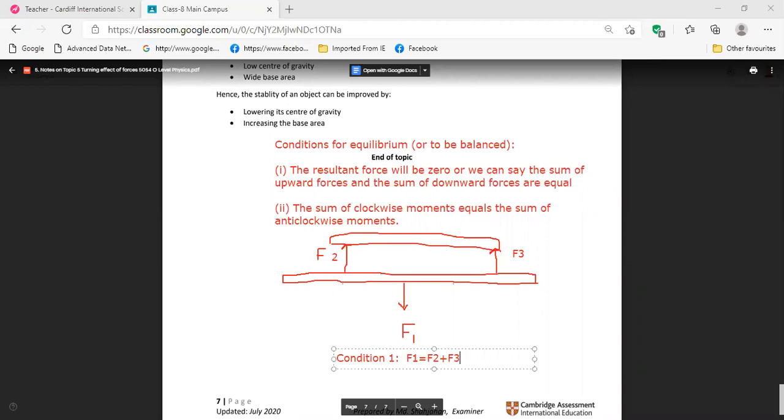We gave the example of one weight and one stone. That is balanced, isn't it? That is actually the example of the second condition. So you draw this diagram and write this condition 1. Then I will show you the second condition also. Do it, please.